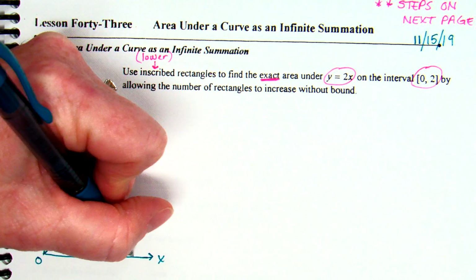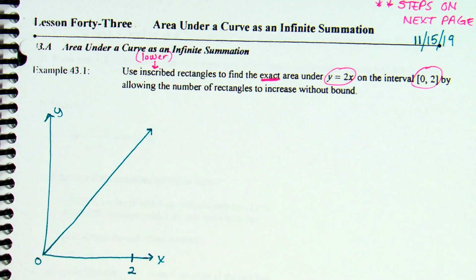And it said on the interval from 0 to 2. So I'm going to put my 2 over here towards the right. I don't really have to have a 1 in there for this. 0 to 2 means I'm going over to that point.